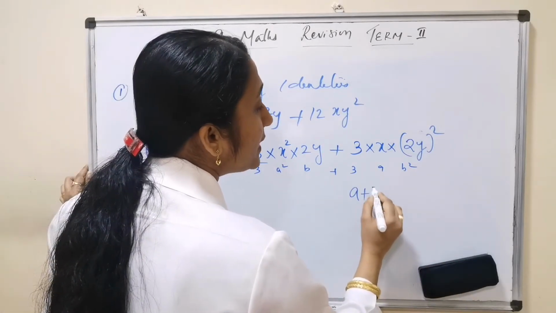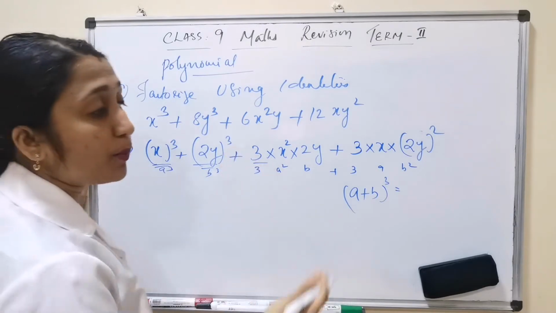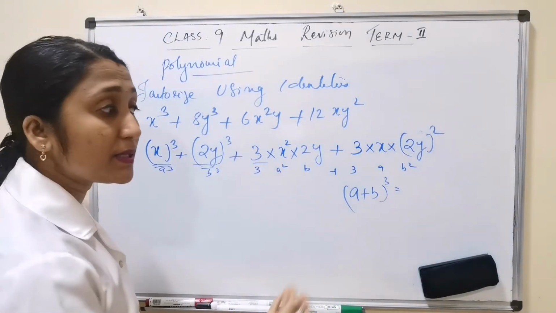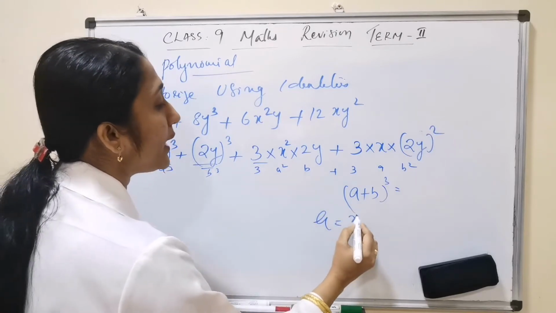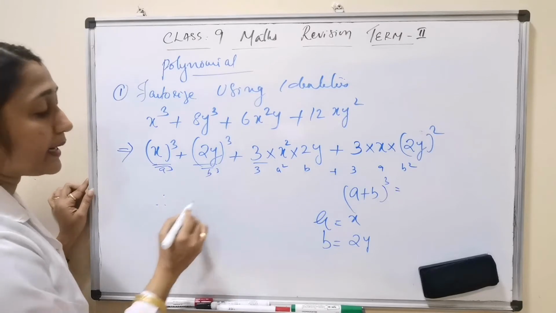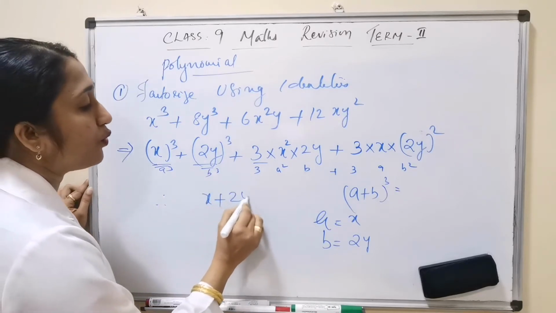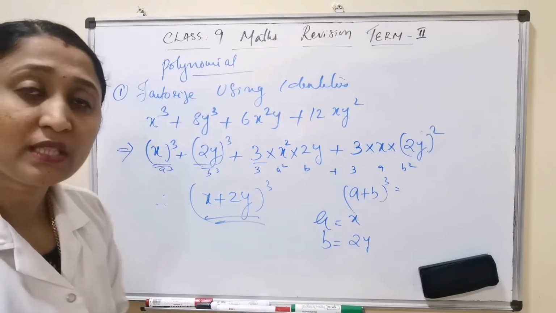That is a plus b the whole cube. So a is equal to x and b is equal to 2y. Therefore, we can write it as x plus 2y the whole cube. This is the factors. Is it clear?